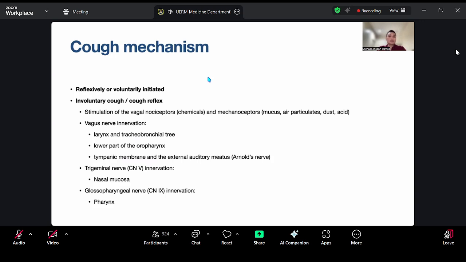So when these receptors are stimulated, the sensory inputs go up and are integrated into the brainstem. From there, the output from the cough generator within the brainstem is relayed back to the motor neurons of the respiratory muscles, eventually triggering the cough.